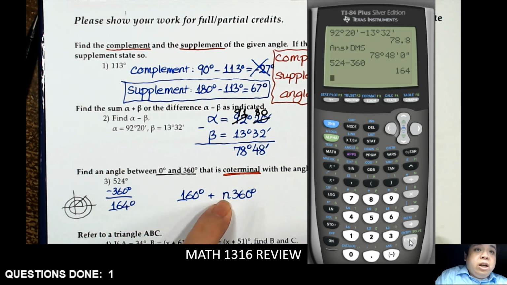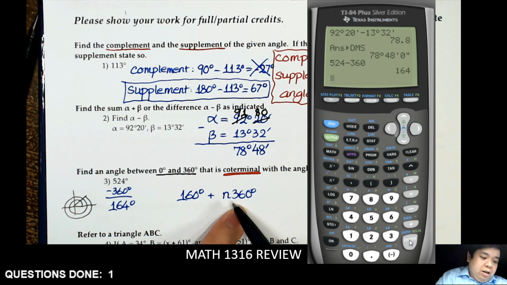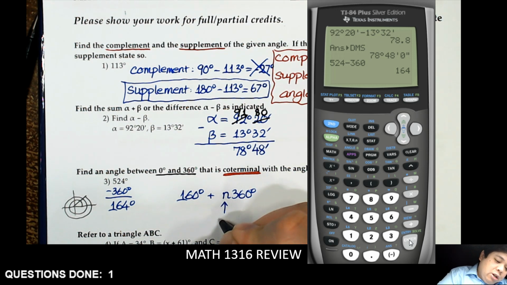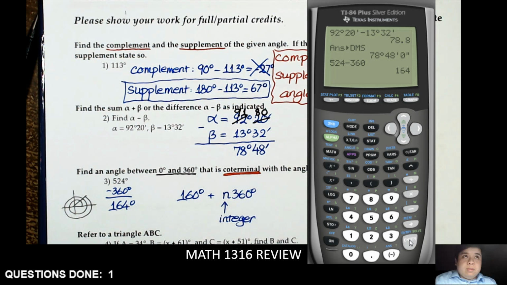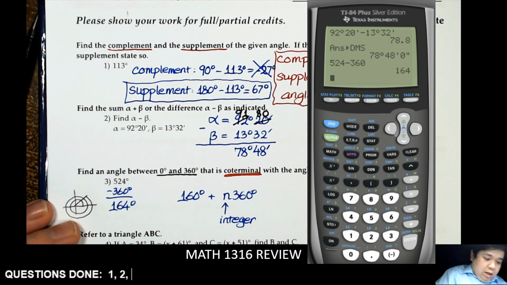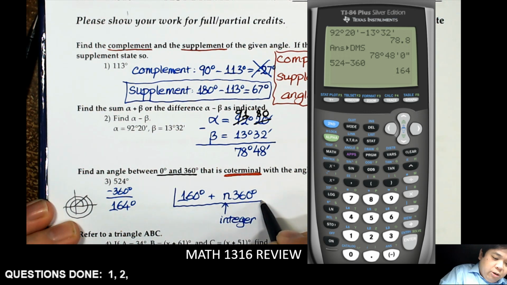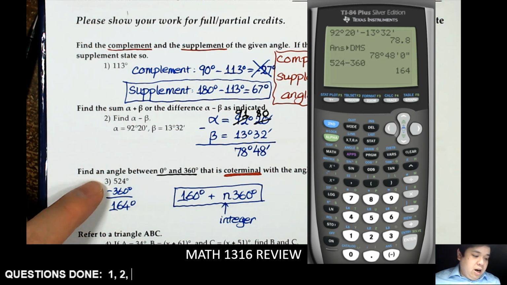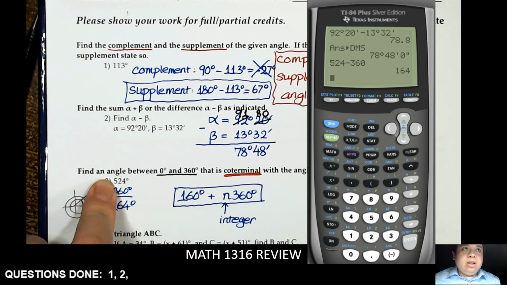It could be positive or negative: an integer n times 360, where n is any integer. This is the general form of the coterminal angles of 524 degrees.